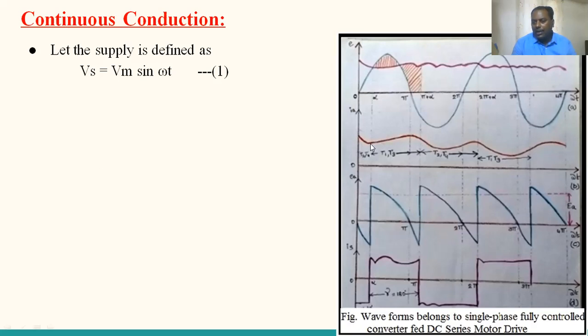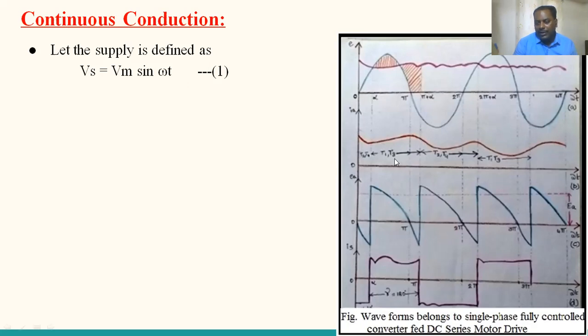So the current will be continuous from alpha to pi plus alpha. From alpha to pi the current passes from source to the load, and from pi to pi plus alpha the current passes from load to the source in the same direction. That is the reason it is represented as a continuous current from alpha to pi plus alpha.